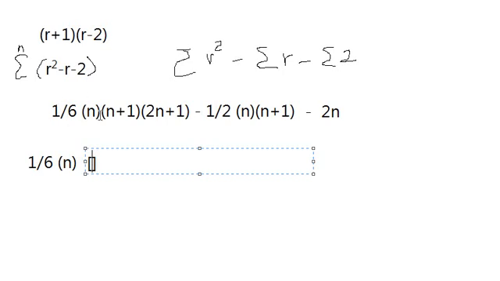So without a sixth n, this first term will become n plus 1, 2n plus 1, and the second term will become, well, a half divided by a sixth, if you can do math, is 3. Hopefully. I need to verify because I can't do math.